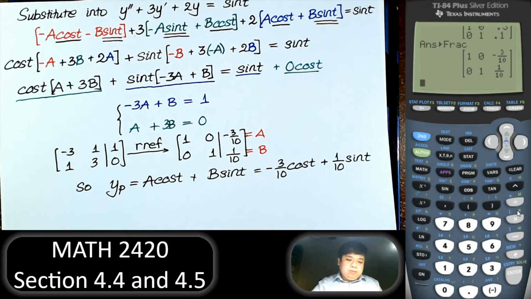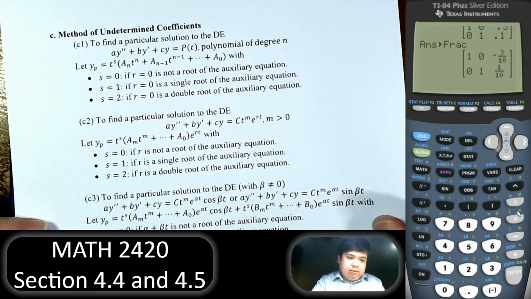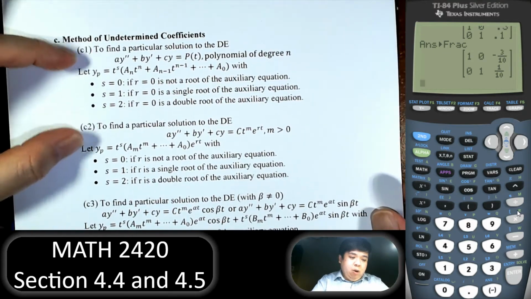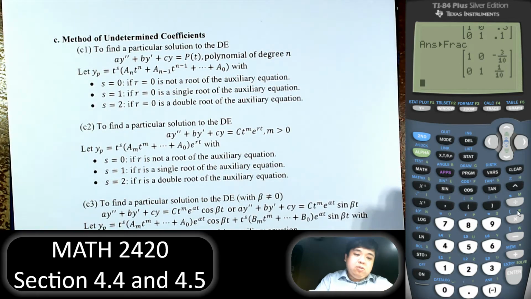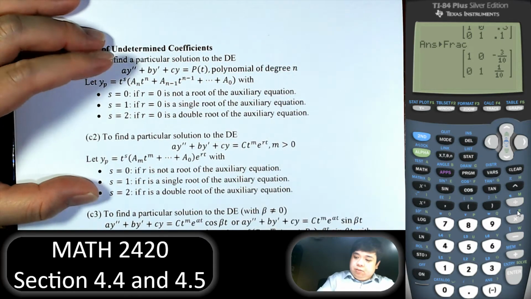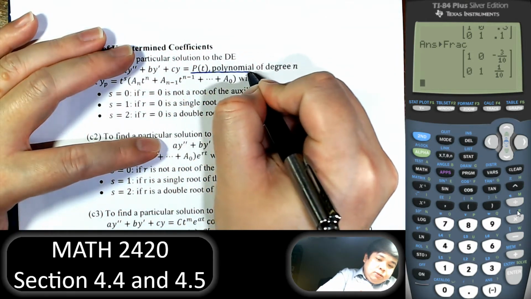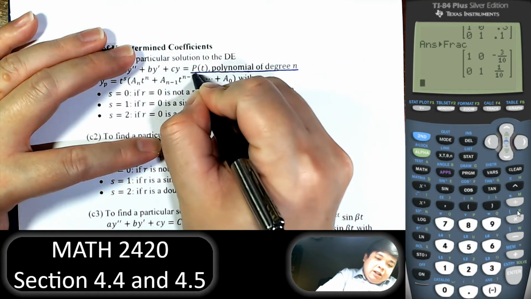Right. So here are the guidelines of how we guess a solution. There will be 3 parts. The first part corresponds to a polynomial of degree n.